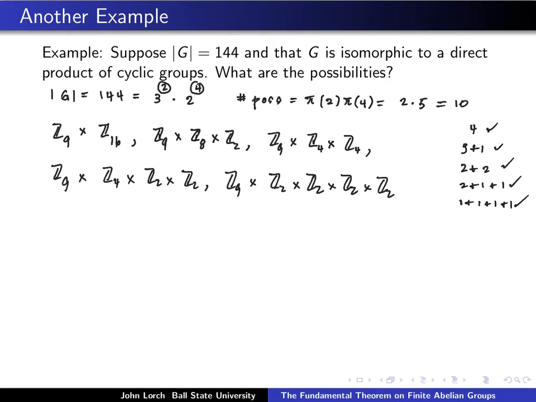Well, they come from, instead of writing Z9, which is 3 squared, we could write this as Z3 cross Z3, where it's of order 3 to the first and then 3 to the first. So we just sort of repeat these.